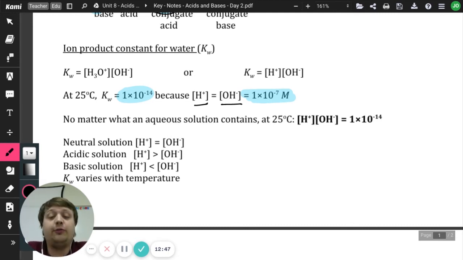We know that if we've got a neutral solution, our hydrogen concentration equals our hydroxide concentration. If it's acidic, you've got more hydrogen concentration. If it's basic, you've got less hydrogen concentration. But this is all at 25 degrees Celsius. If we change our temperature, we could actually see changes in those as well.